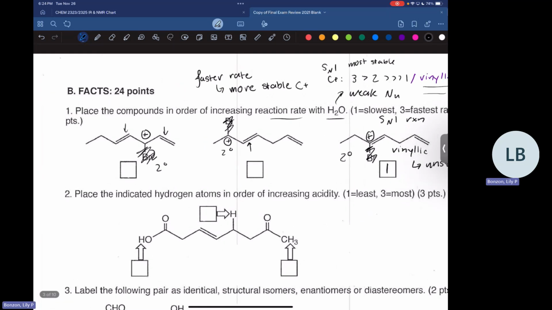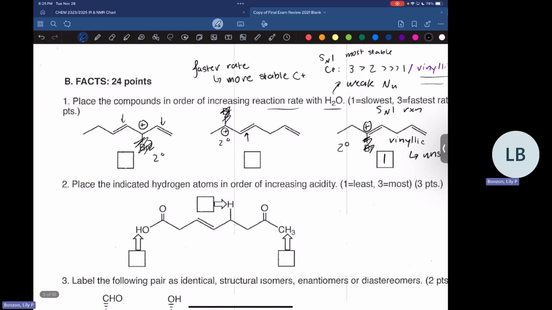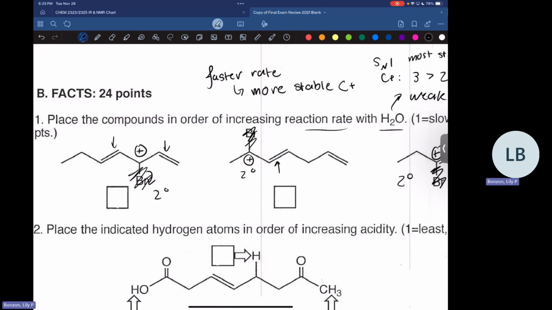So then between the groups on the left and in the middle, this is going to come down to resonance. Both of them are secondary. They do have resonance structures, but the one on the left, we have 2 double bonds that we could resonate with, whereas the one in the middle, we only have 1 double bond that we could resonate with.